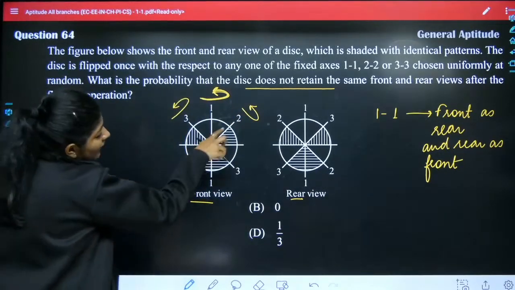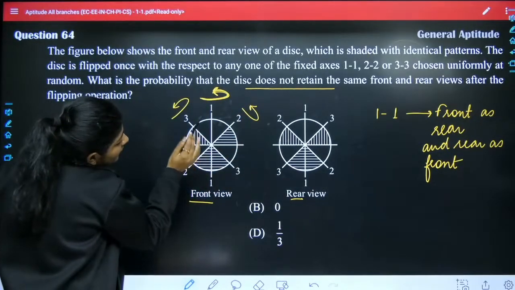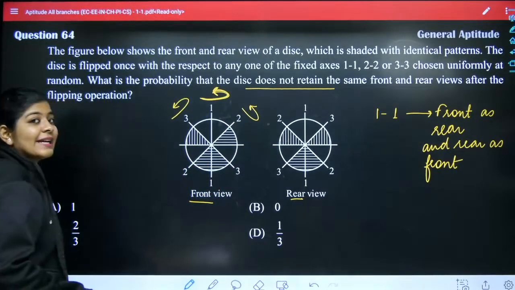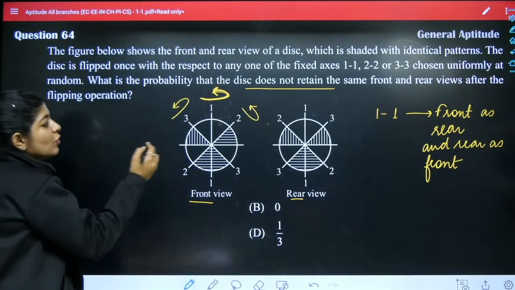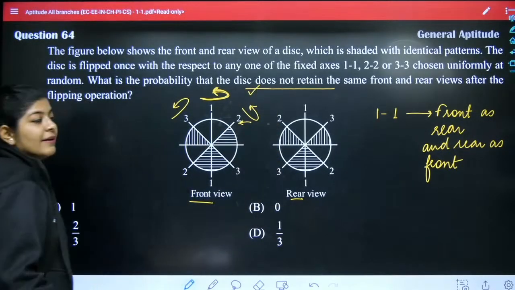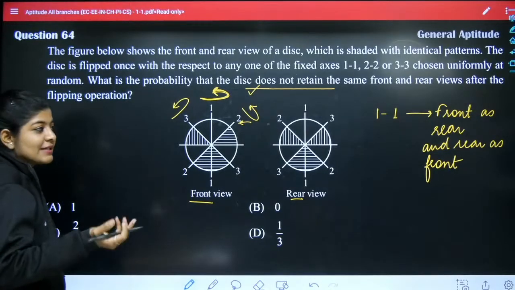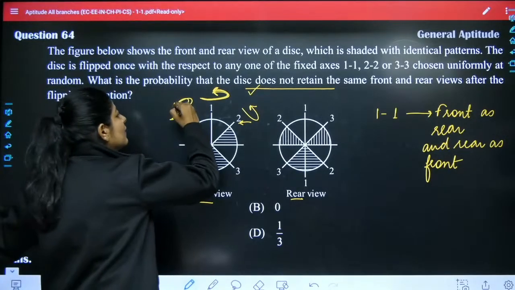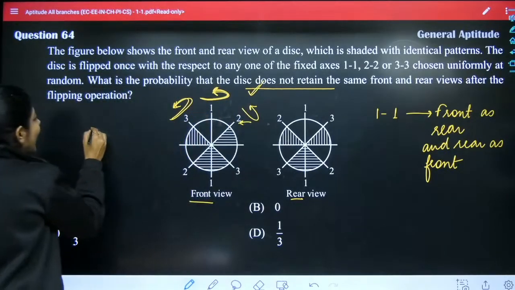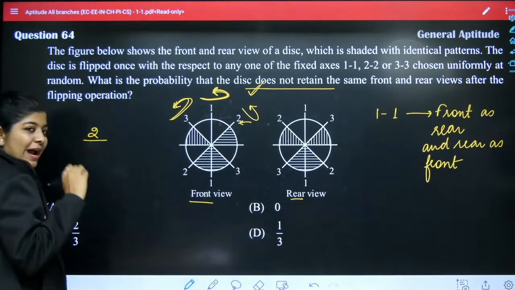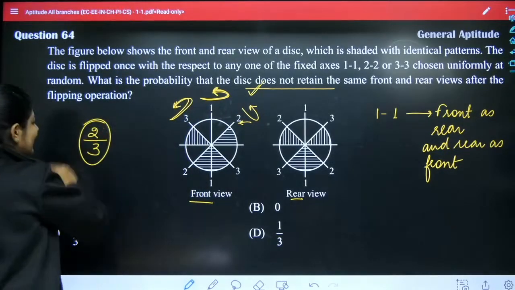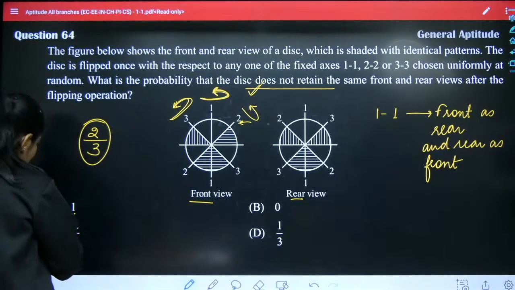Now if we check 2 to 2, if we rotate with this axis, we do not get the exact image of the rear view. So 2 to 2 satisfies the asked condition, and similarly 3 to 3 also satisfies it. So the favorable cases are 2 and the total cases are 3, so the probability is 2 by 3.